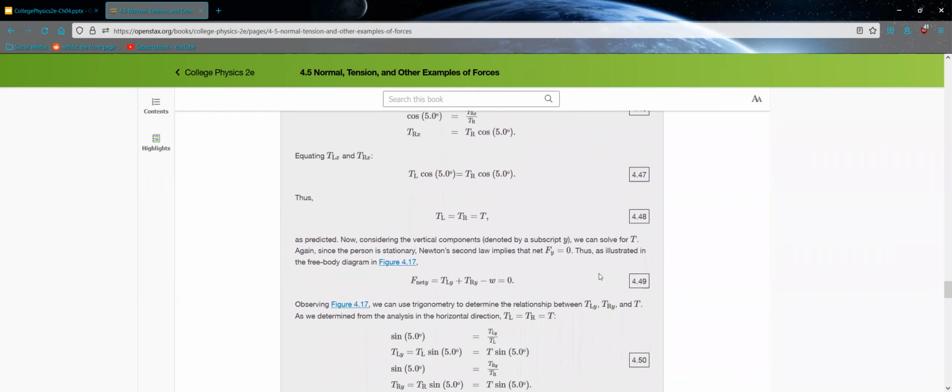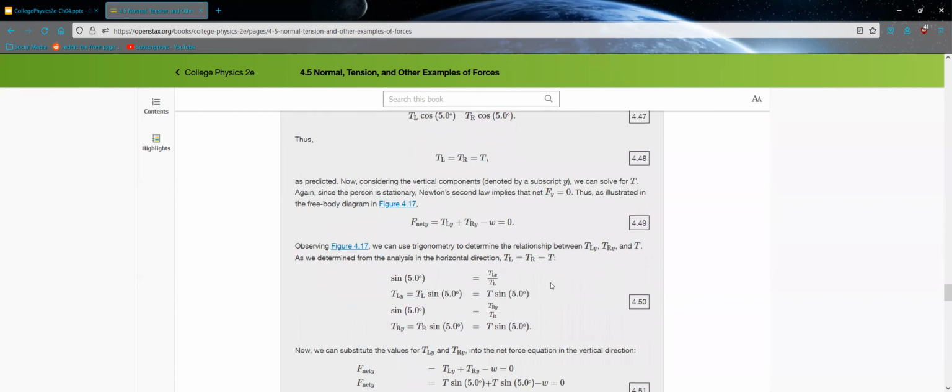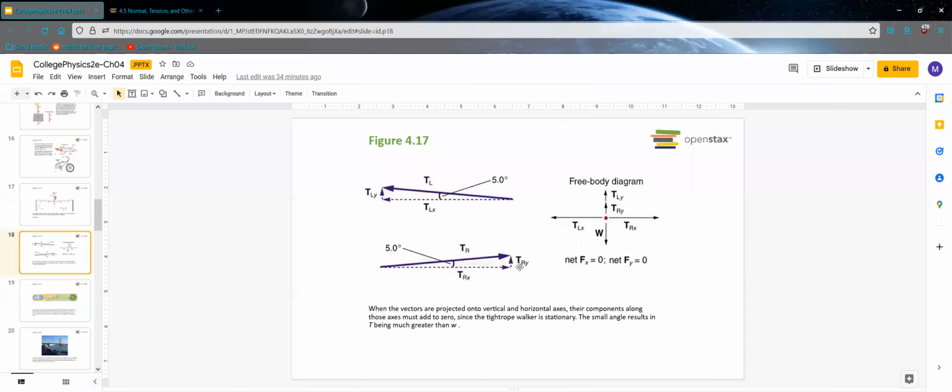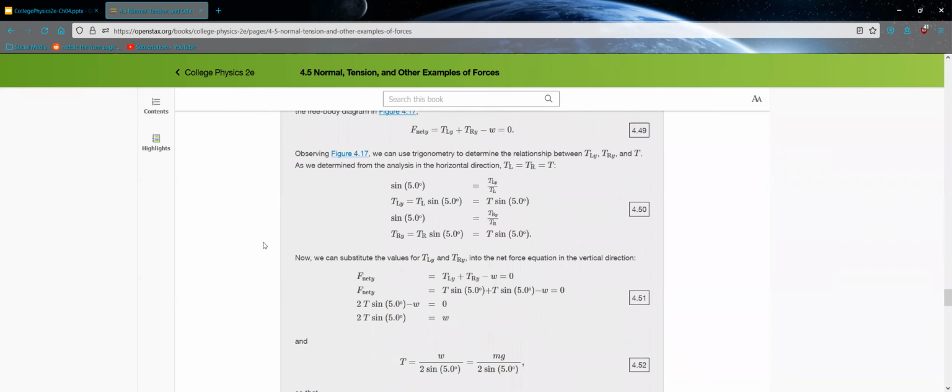So consider the vertical components subscripted by y, right? We can solve for T. So we know that the net y is 0 because you're not moving. We know also from our diagram here that the only things working in the y motion are the left and right ropes' y components, and your weight going down. So we can set up an equation where the left and right y components of the tension minus the weight equals 0.